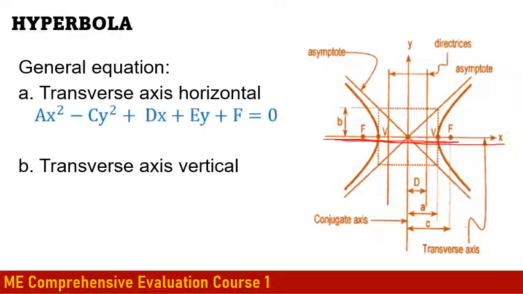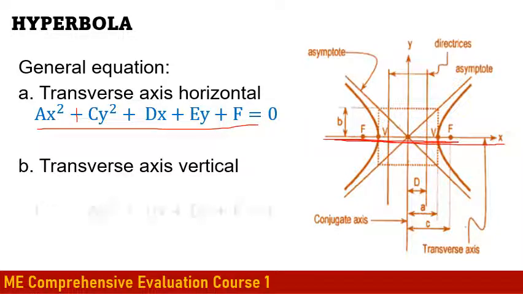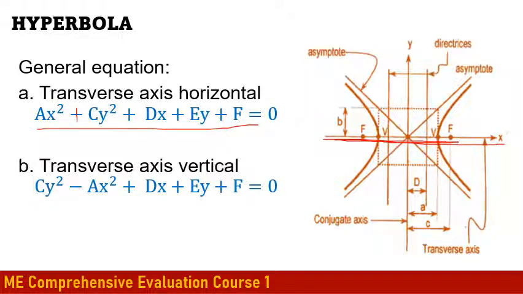So the general equation for a hyperbola with transverse axis horizontal, just like this one, is shown here. So you can see that A and C are not equal, and they have opposite signs. So that is a hyperbola. If it is positive, then that would become an ellipse. The transverse axis vertical equation is also shown here.